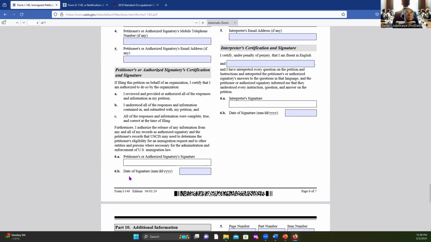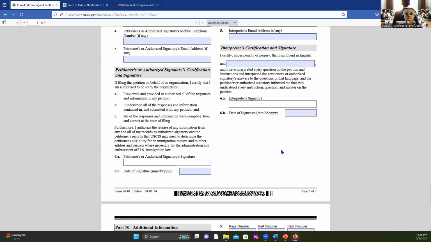Some self-petitioners' applications were rejected on the basis that they didn't pen their handwritten signature in question 6A. Even when you fill your form I-140 electronically, which is easier, and I suggest, at the end of filling, try and print it out and append your handwritten signature on question 6A.